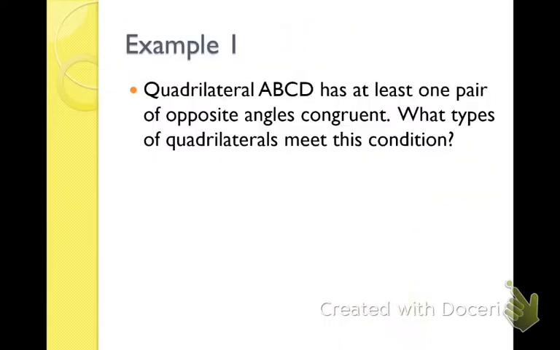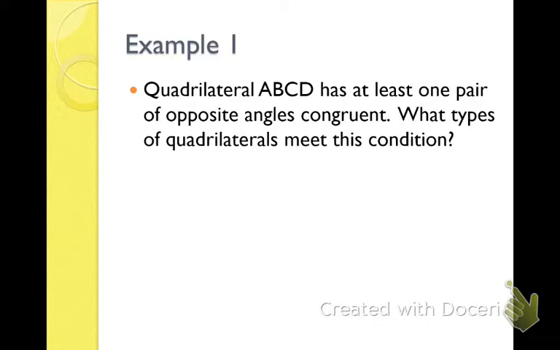Okay. So, example 1. Quadrilateral ABCD has at least one pair of opposite angles congruent. What quadrilaterals meet this condition? Let's list them all, even families and subfamilies.